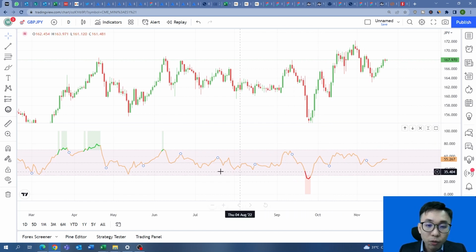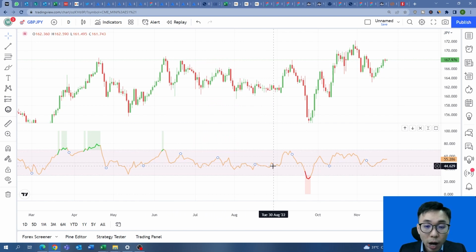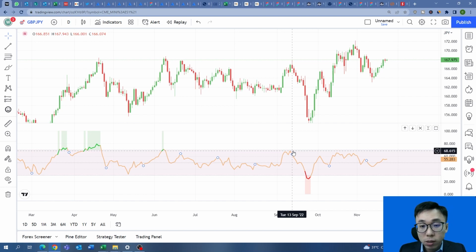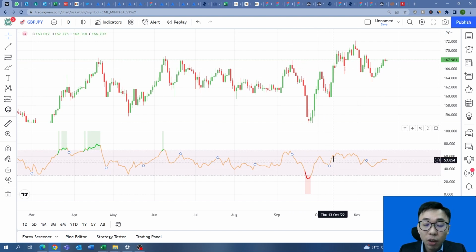First of all, the first component I'm going to explain is this line that you see in the middle, which is color coded in green. This line is called the RSI line, where it calculates the magnitude and changes in previous prices or price actions, measures the magnitude and the momentum, and then draws this line here.